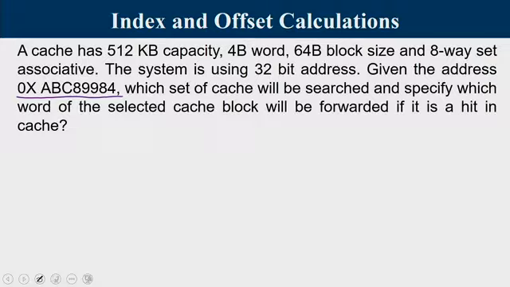So, first we have to understand how many sets are there in the cache. I have a cache that has a capacity of 512 KB, the word is 4 byte, each block in my cache is 64 byte, and it is an 8 way associative cache. 8 way associative means the value of E is 8, there are 8 blocks in a given set.